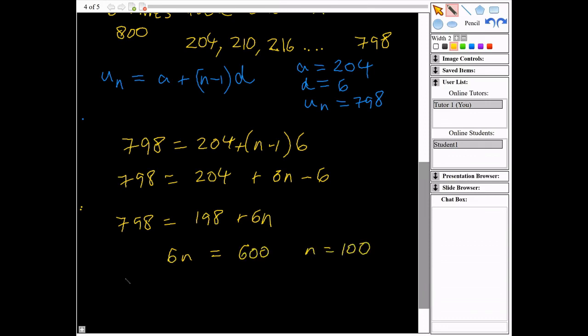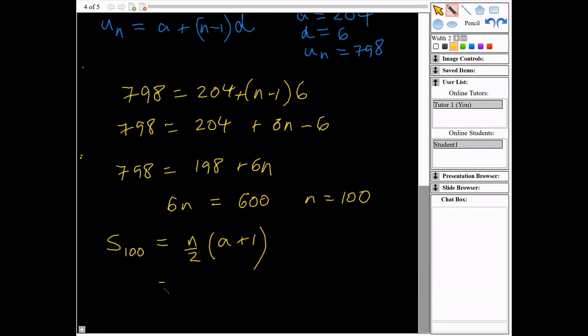So now I need to do the sum of my terms. So the sum of 100 terms is going to be using the same formula as we had just now. So that's going to be n over 2, and then we can just do A plus L, since we know what the first and the last terms are.